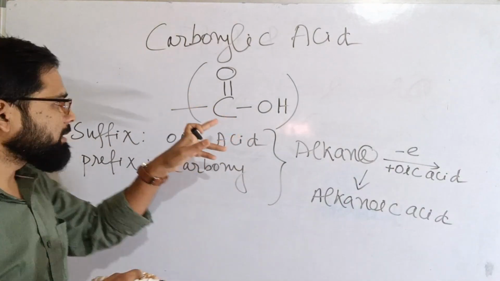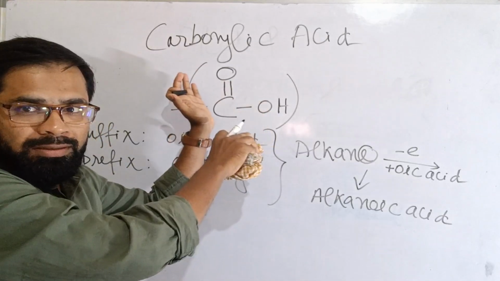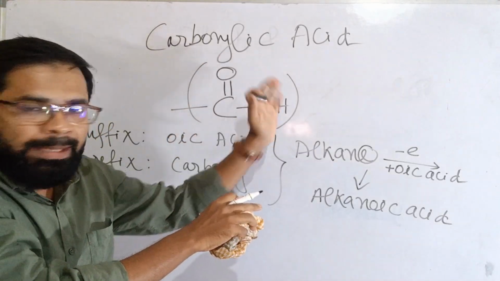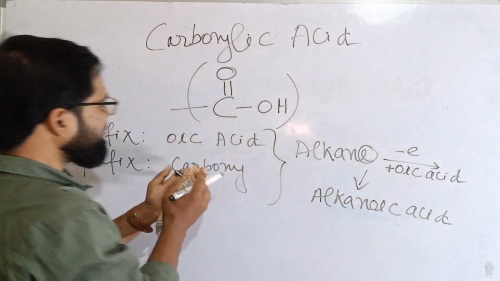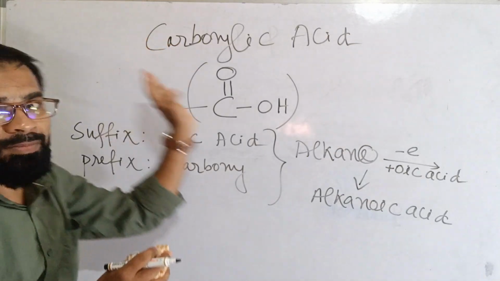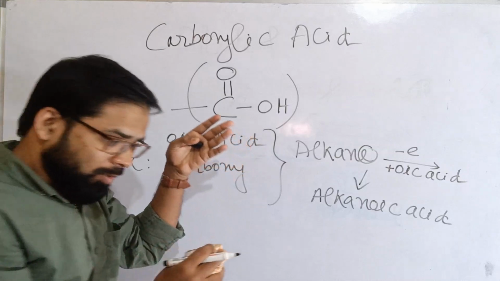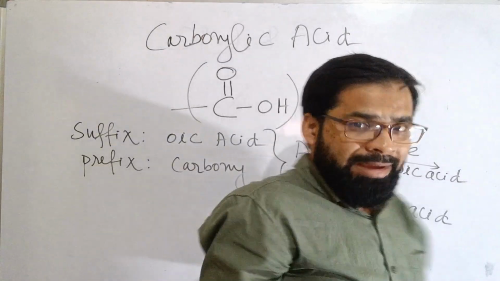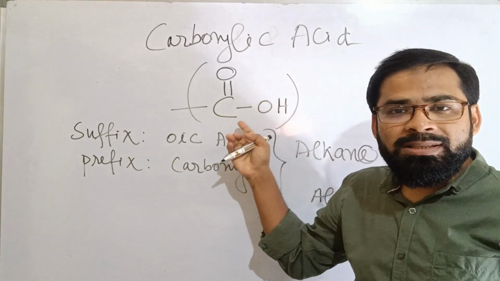Out of 4 valency, already 3 are occupied, bonded with the functional group. So only 1 remains. That's why there is only one chance, it will be in the terminal position. So when we write the IUPAC name, no need to mention the position.